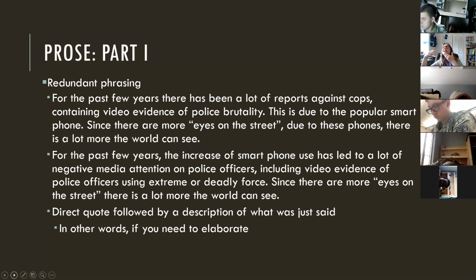For instance, if they say mass incarceration increased by 25% over the last 30 years, you could say, in the last 30 years, we've seen an increase in mass incarceration by 25%. Just because numbers, whether it be a year or a percentage or a raw number, are in the phrase you want to use, that doesn't mean it requires a direct quote. You can still say the number again, just say the sentence differently.